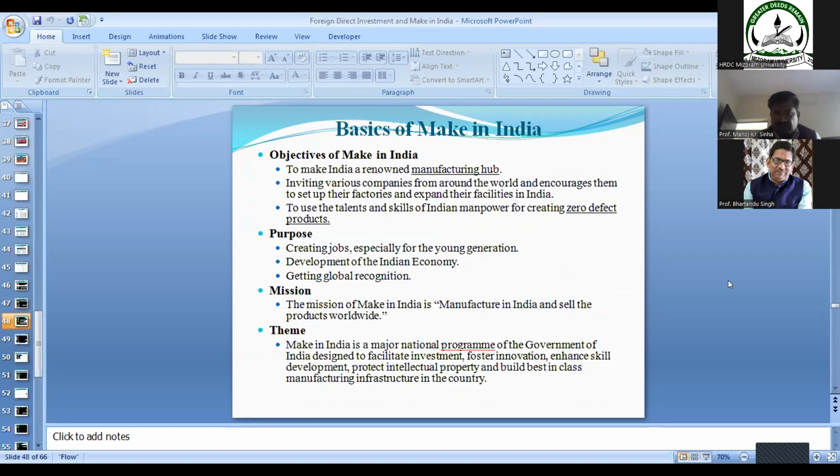The objective is clear: set up a manufacturing hub with the intention to manufacture quality products with zero defects. Purpose: create jobs, particularly for the young generation, development of the Indian economy, getting global recognition of Indian brands.